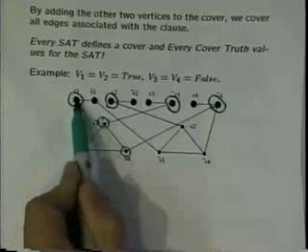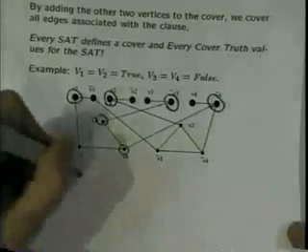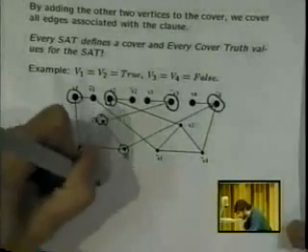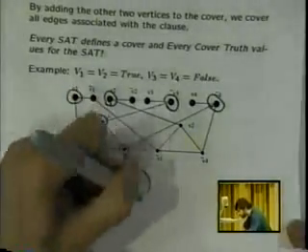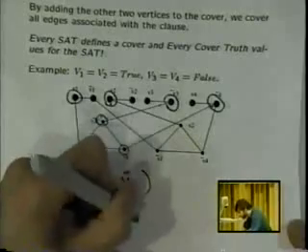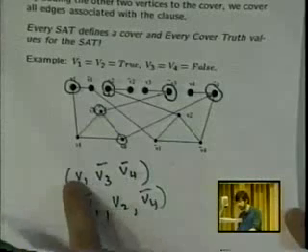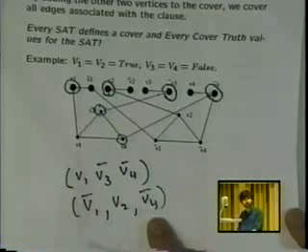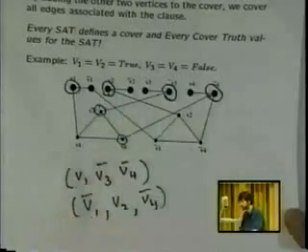The truth assignment V1 true, V2 false, V3 false, V4 false is a satisfying truth assignment to the clauses V1, V3 prime, V4 prime, and V1 prime, V2, V4 prime. Does everybody agree that setting V1 true and V4 false satisfies this? It doesn't matter what we do with these other two variables.